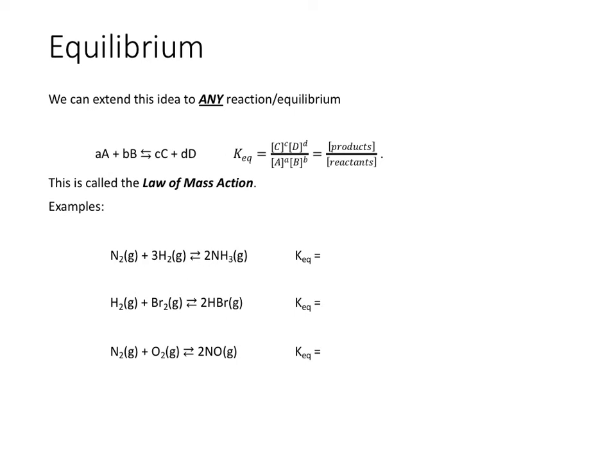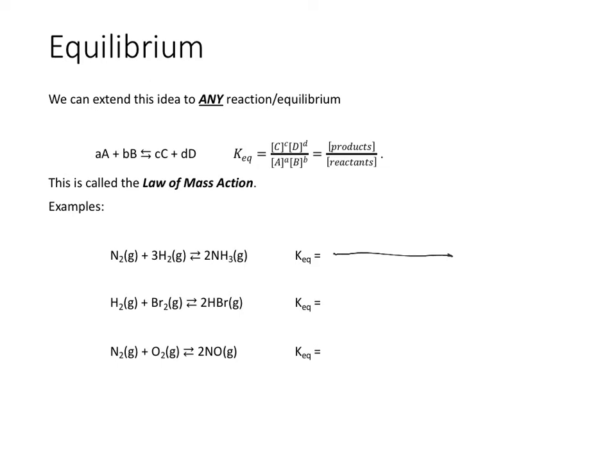Let's work 3 quick examples looking at these 3 equilibria. The first one is nitrogen plus hydrogen makes ammonia. Notice that's 1N2 plus 3H2 make 2NH3.